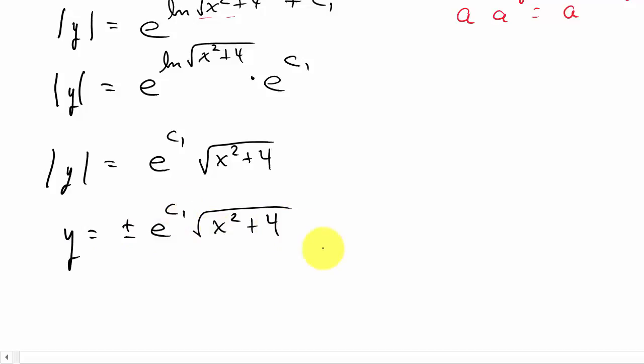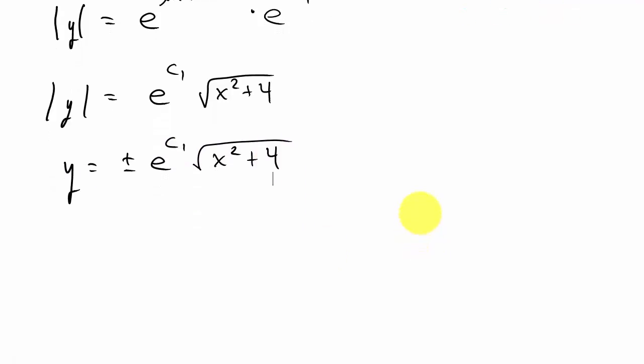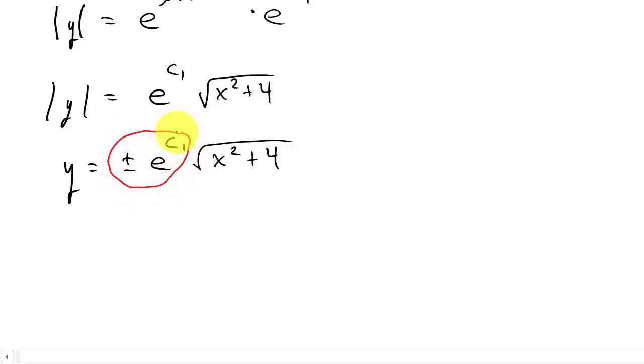Now look at our constant term here. It looks weird, but this whole thing is just an arbitrary constant. We don't know what it is. This plus or minus e to the c1 is just an arbitrary constant. Whatever c1 is, it's just a number, and e raised to some number gives us another number.